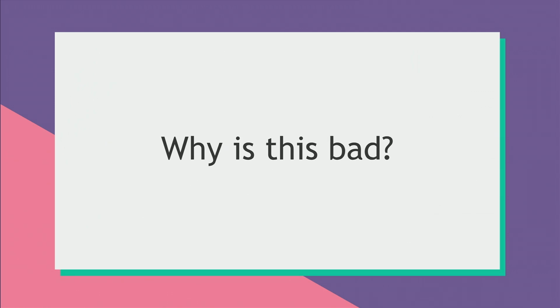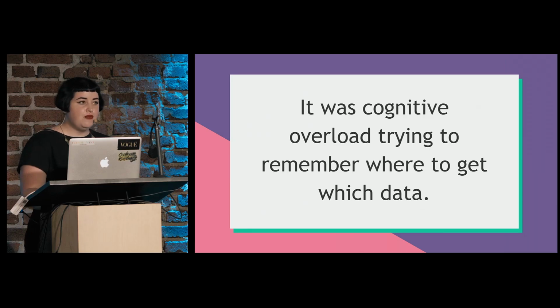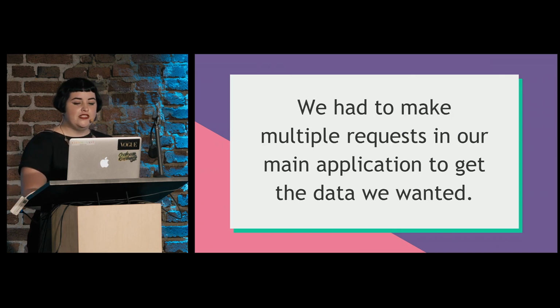Why is this bad? Well, first of all, as you might have just experienced, it was cognitive overload trying to remember where to get which data every time that we needed it. And we had to navigate really complex relationships between objects, like with the recommendations. We would have to look those up and then embed those objects. It was a lot. And generally, we just had to make multiple requests in our main application to get the data we wanted when we wanted it, which for us was mostly just confusing.